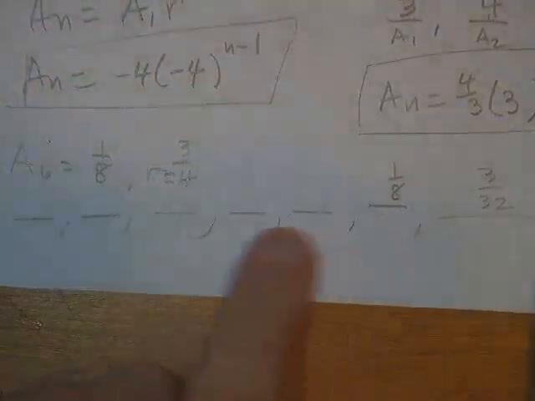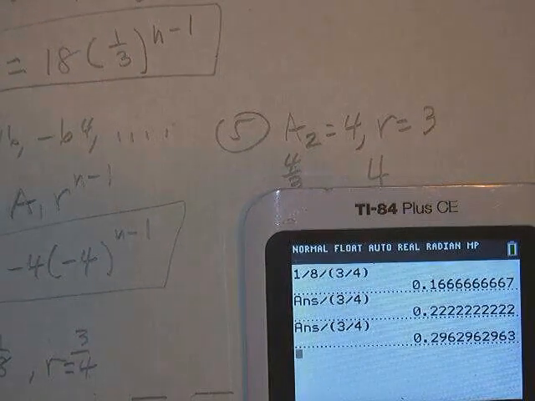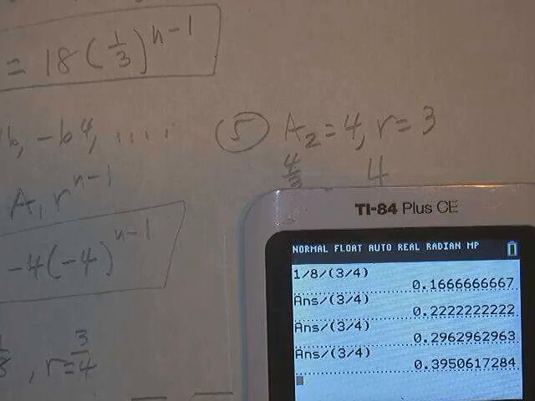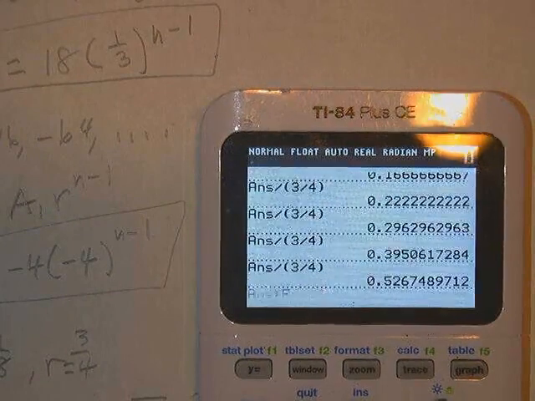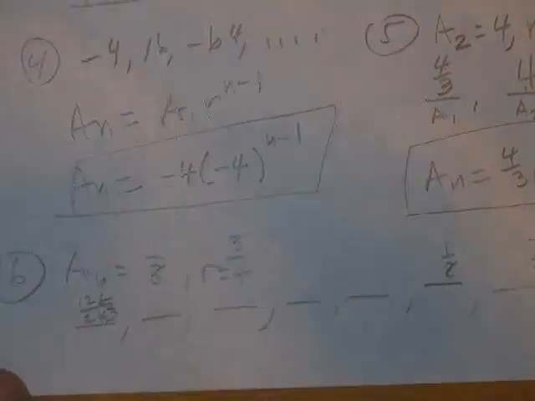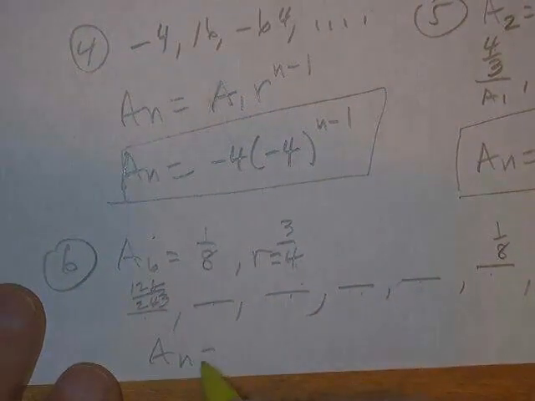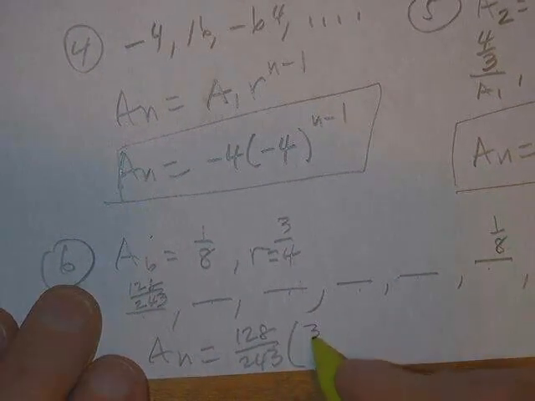And that would be this one. And let's divide again, and again, and again. Then let's do math, enter. 128 over 243 would be this first term down here. And so then there's my formula: 128 over 243, r's 3/4 to the n minus 1.